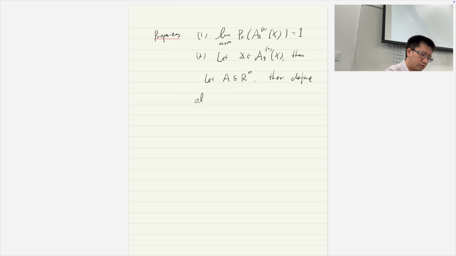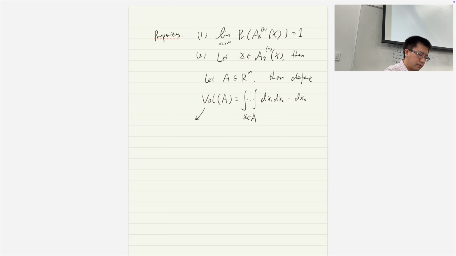The volume of A is defined as, because it's continuous, right? So we don't talk about cardinality anymore, we talk about the volume. So it's an integral over A, and then dx1, dx2 up to dxn. Okay, so that's the volume.